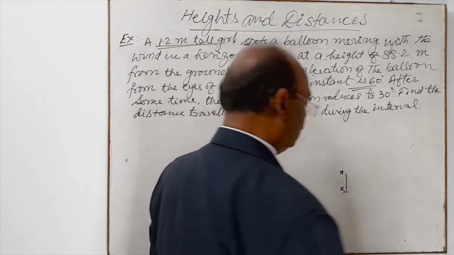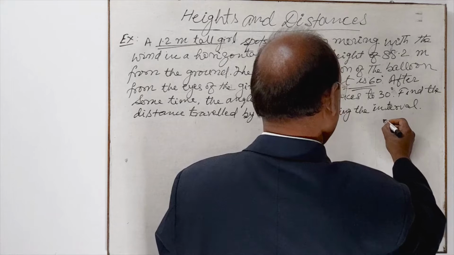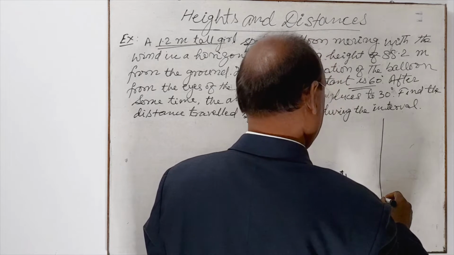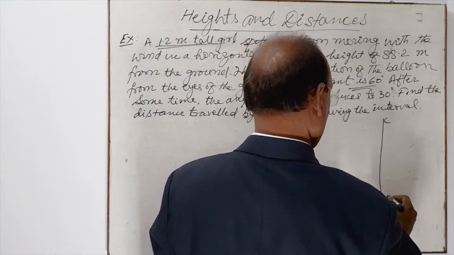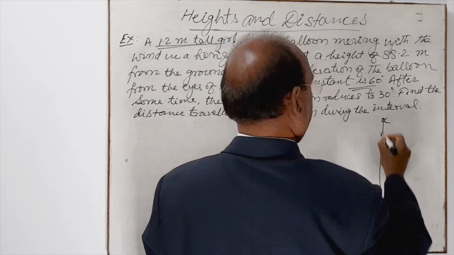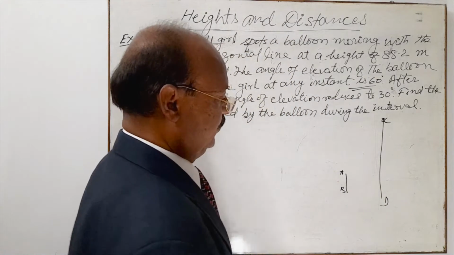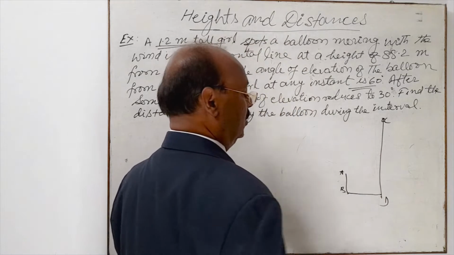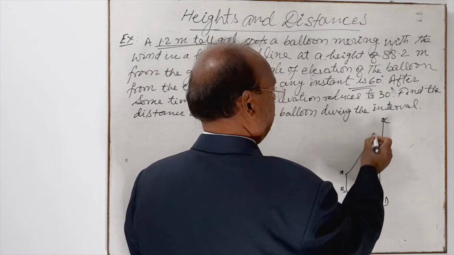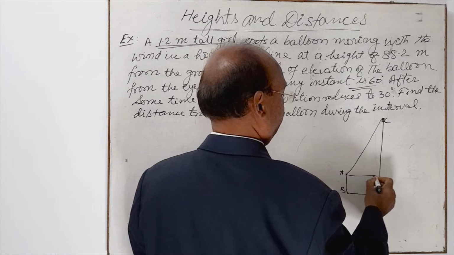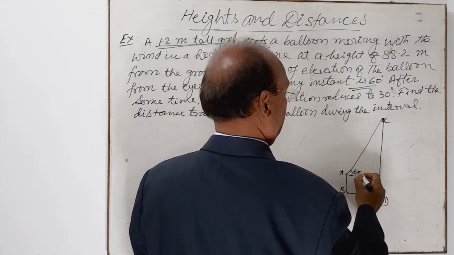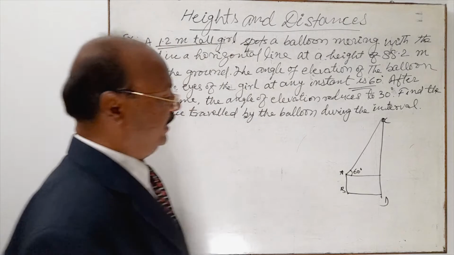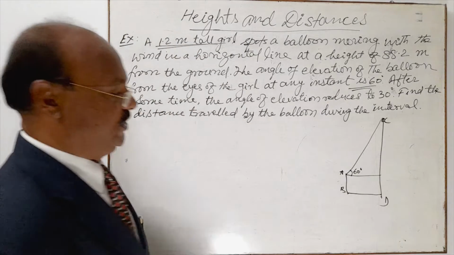So suppose this is the height of the balloon, CD. Suppose this is the position of the balloon at any moment, and this is the ground, correct? So this angle of elevation of the balloon is 60 degree.